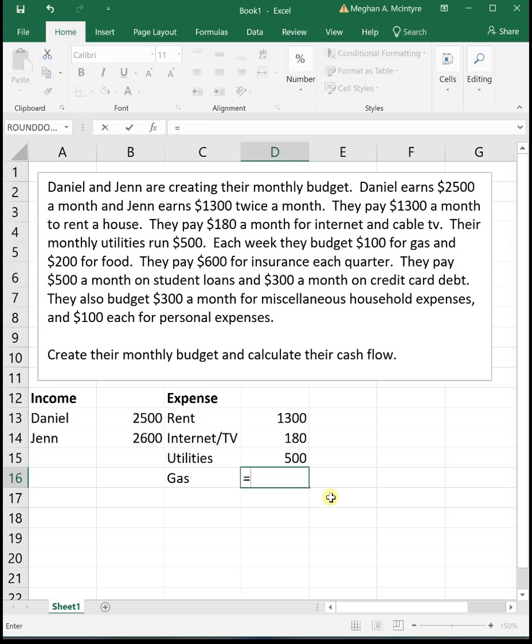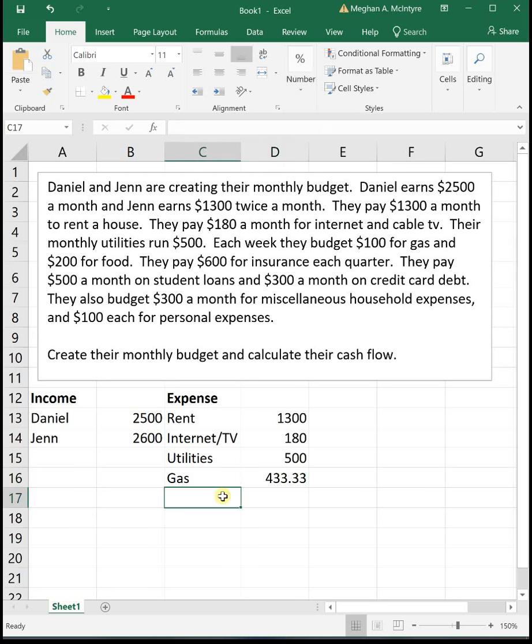So we take the $100 a week, multiply that times the 52 weeks in a year, and then divide by 12 for the 12 months. So they should budget $433.33 a month for gas.